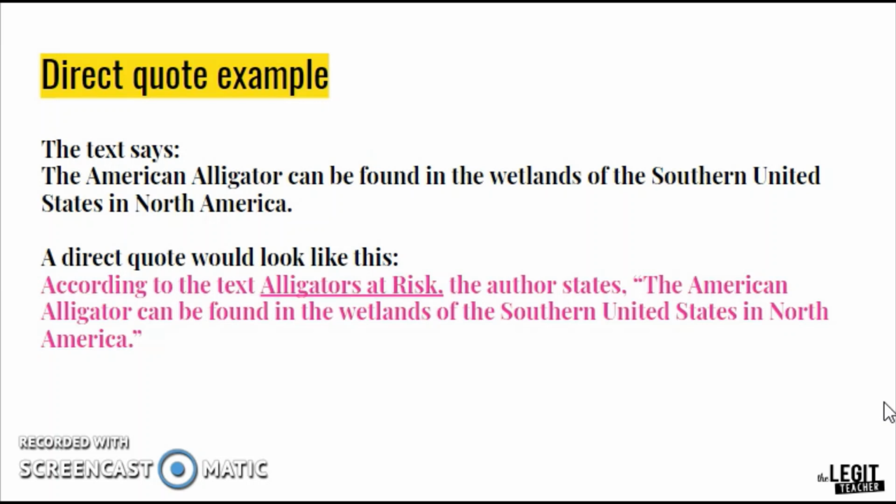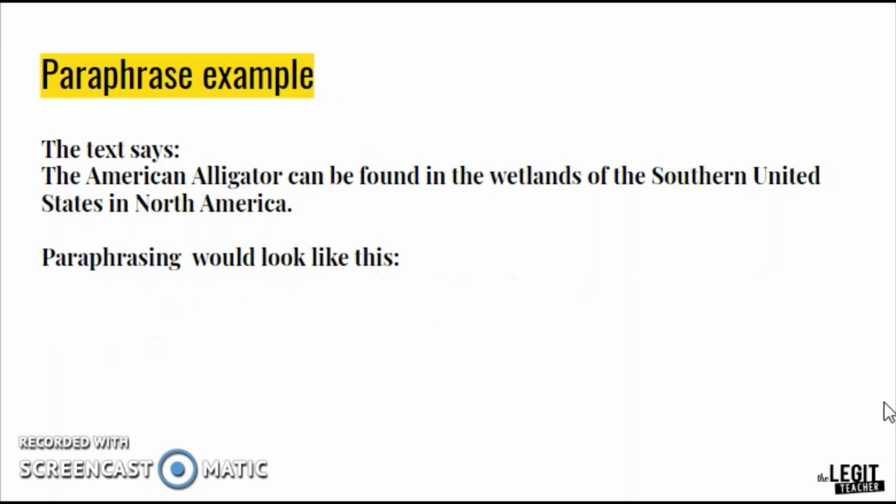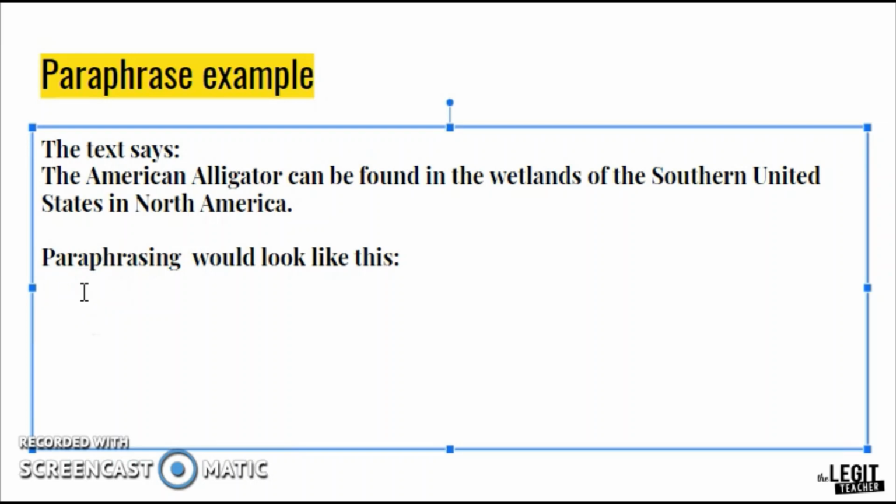Now, let's look at that same sentence and see what it looks like to paraphrase it. So the text says, "The American alligator can be found in the wetlands of the southern United States in North America." Remember, when I paraphrase, I'm taking the author's idea and I'm putting it into my own words.